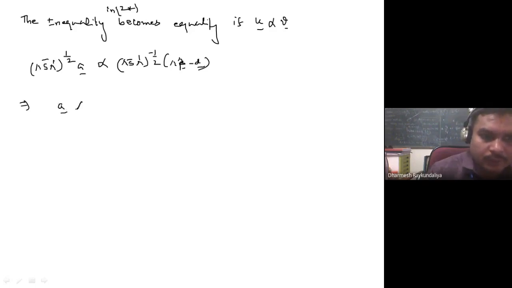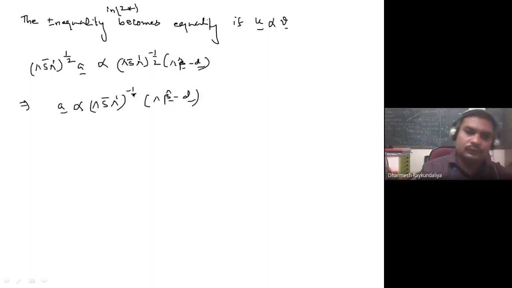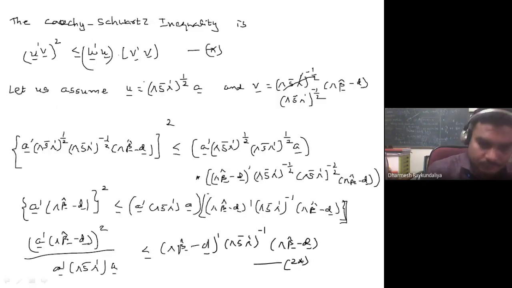You will get a is proportional to lambda s bar lambda dash raised to minus 1 lambda beta cap minus d. Okay, so the equality happens if you take the maximum over a, when a is proportional to this quantity.